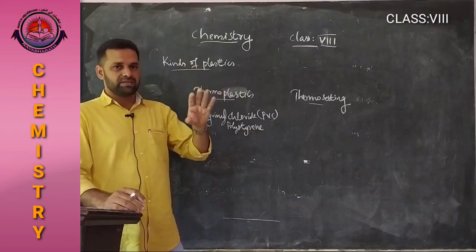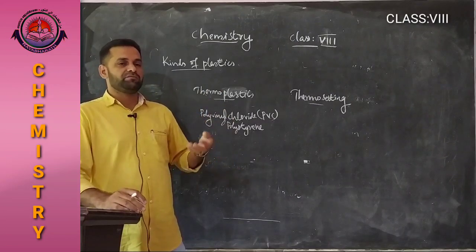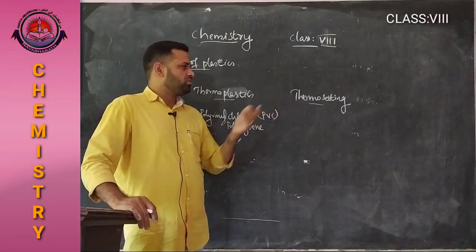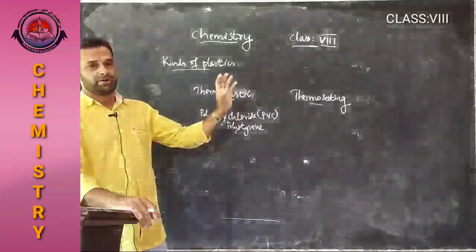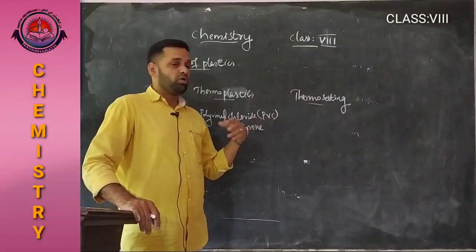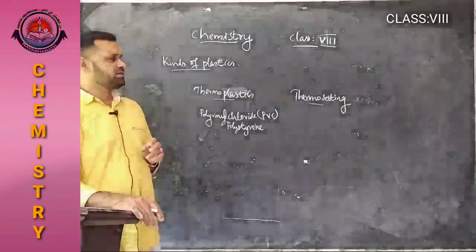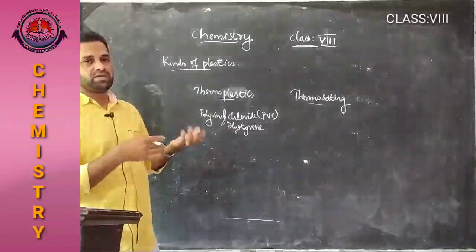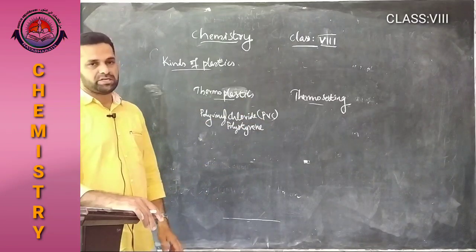It means once it is molded, we cannot make it into a different shape by heating, and we cannot mold again and again. Once it is made, that will be its shape. It becomes set when we heat or mold it into a shape. That is called thermosetting plastic.